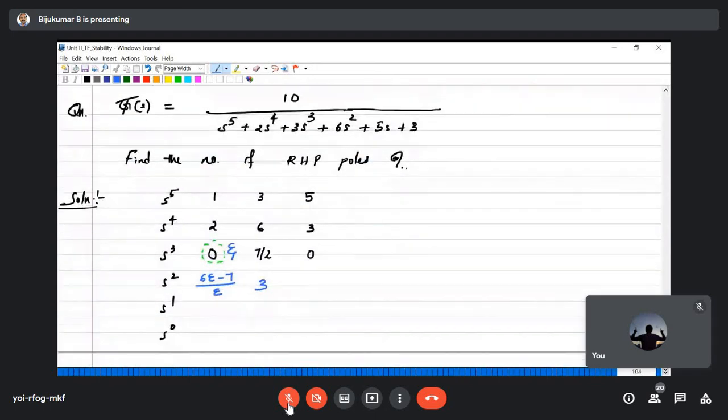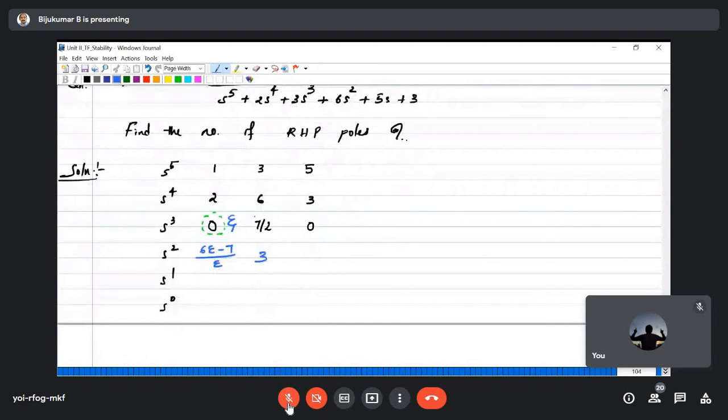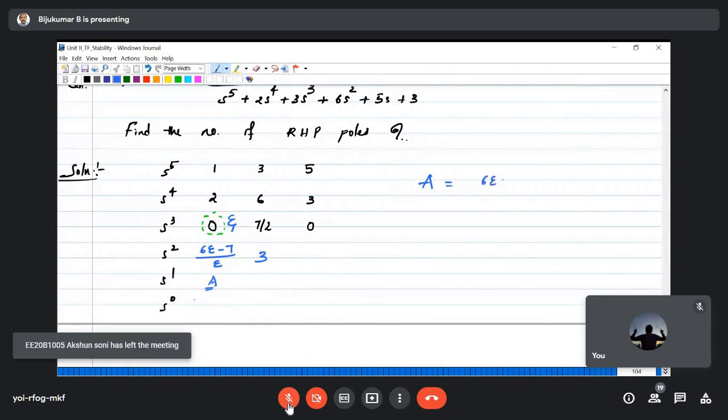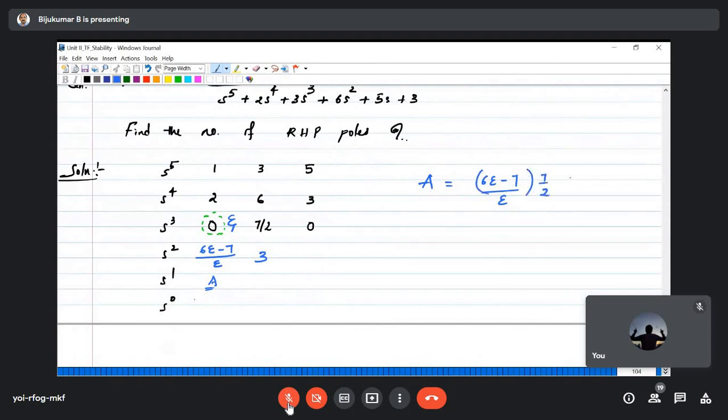Let me write like this, this element, let it be A. A becomes 6 epsilon minus 7 by epsilon multiplied by 7 by 2 minus 3 epsilon, divided by 6 epsilon minus 7 by epsilon.